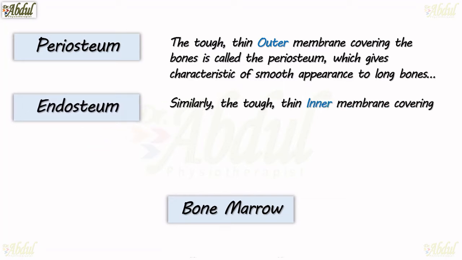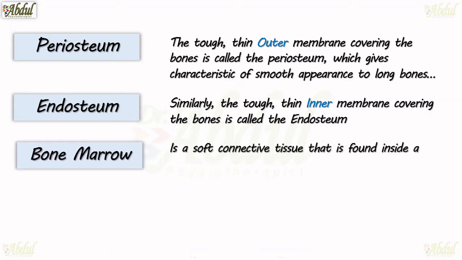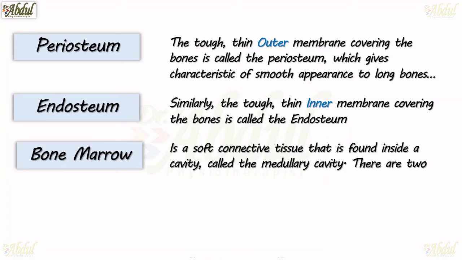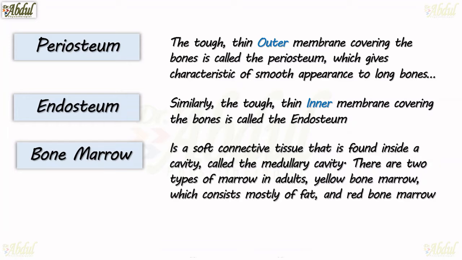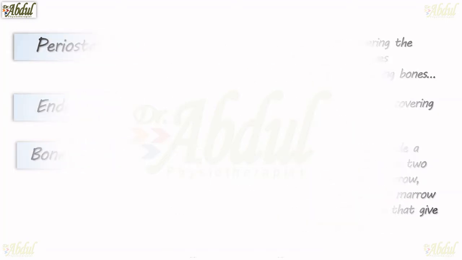Endosteum: similarly, the tough thin inner membrane covering the bone is called the endosteum, and the bone marrow is a soft connective tissue found inside the cavity called the medullary cavity. There are two types of marrow in adults: yellow bone marrow, which consists mostly of fat, and red bone marrow, which consists of hematopoietic stem cells that give rise to different blood cells in the body.